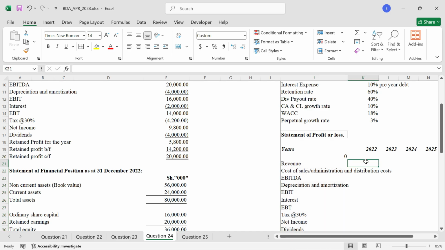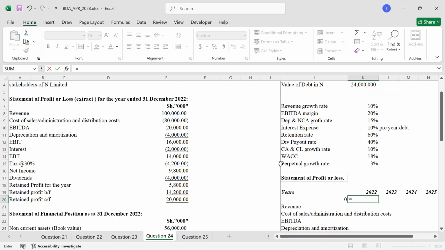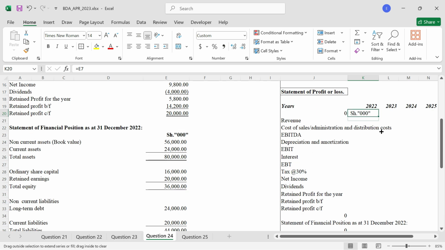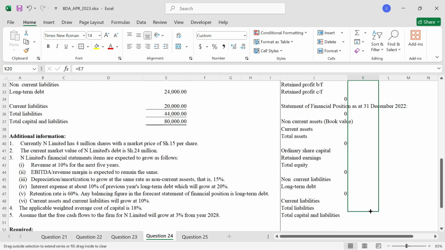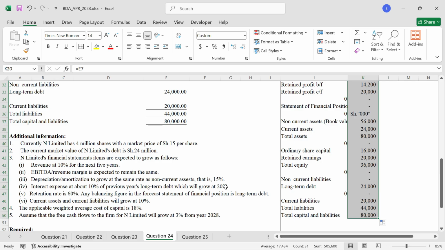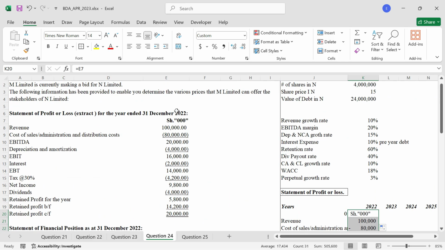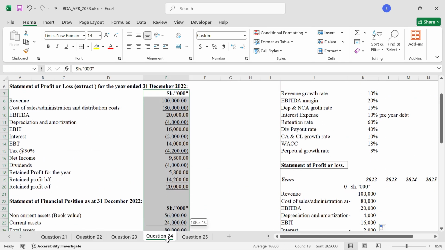Then I can pick the 2022 values, all the way to the end. Then finally I can pick the formatting.